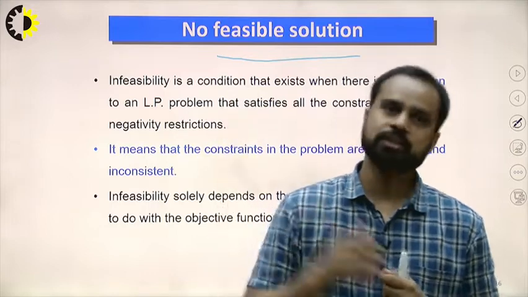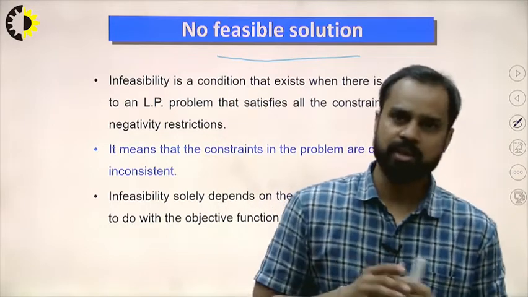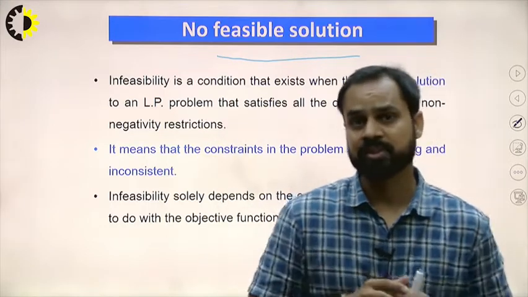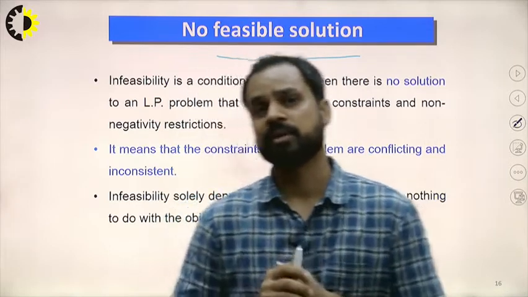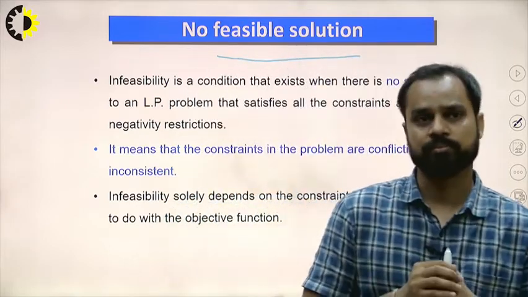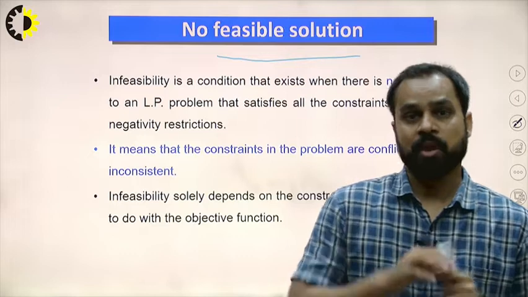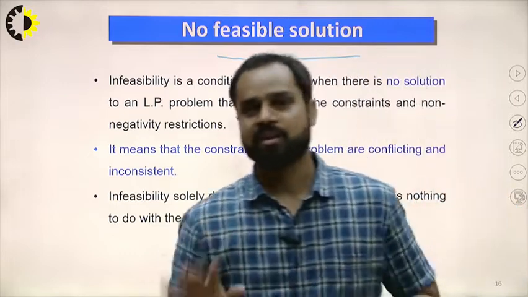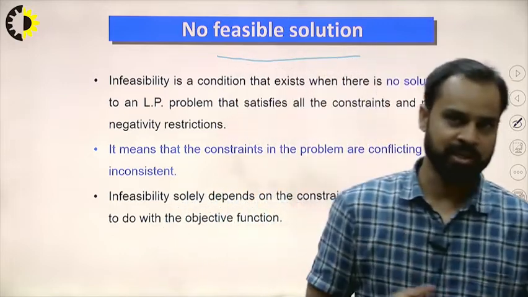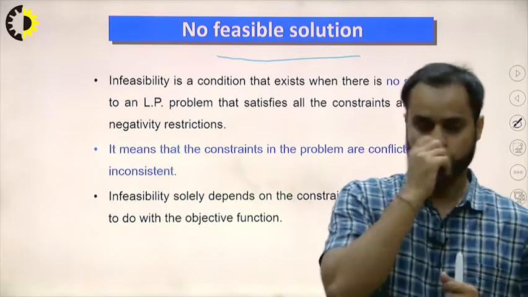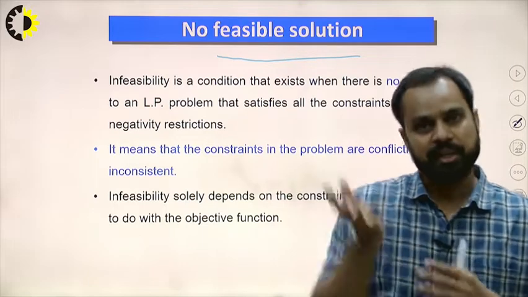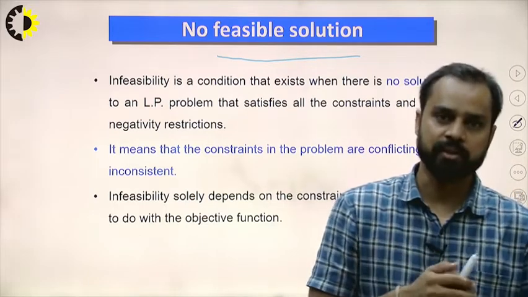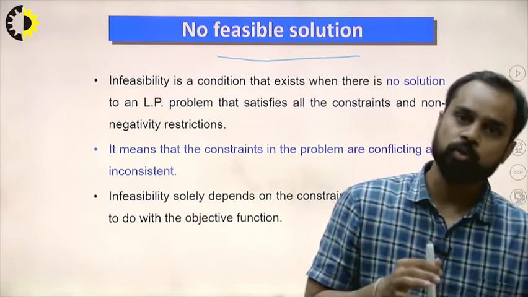The demand outside is 800, so he is receiving an order of 800, but the capacity of the industry is to produce only 500 units per day. By hook or by crook, only 500 units can be produced inside the organization. So we are taking an order of 800 units per day and we are able to produce 500.